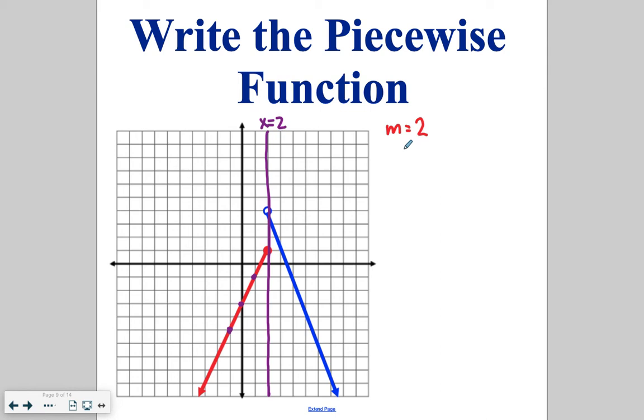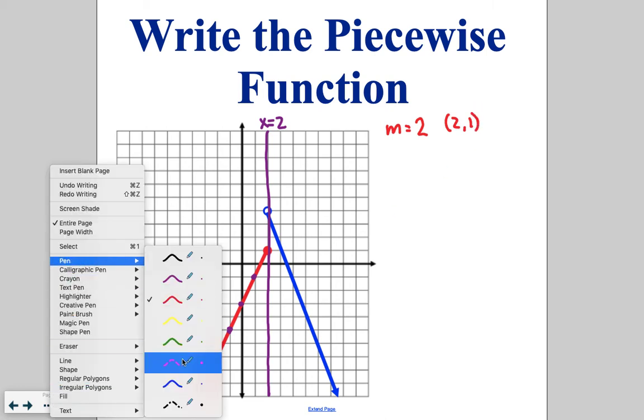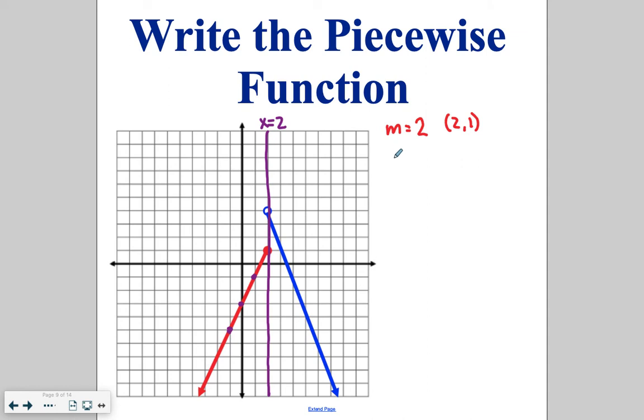And then I need a point that's going to help me figure out the rest of this equation. I'm going to use the point that they give us, so (2, 1). Now I need to find the y equals mx plus b equation. So I'm going to go ahead and plug in, and I'm going to say that y equals 2x plus b. Then you can plug in your x and your y.